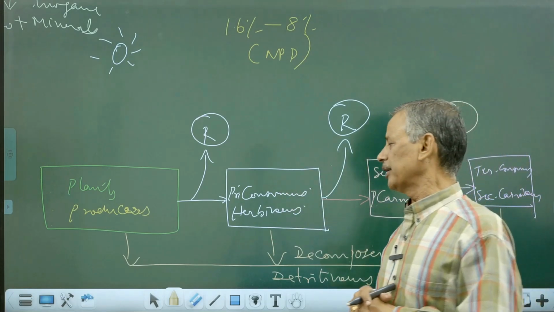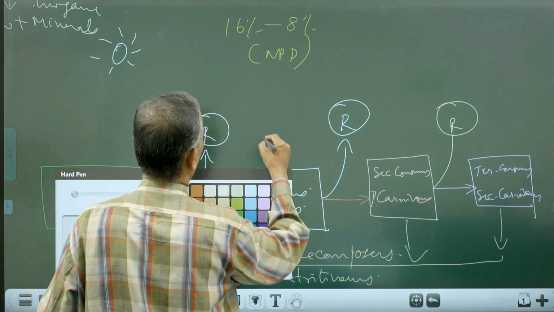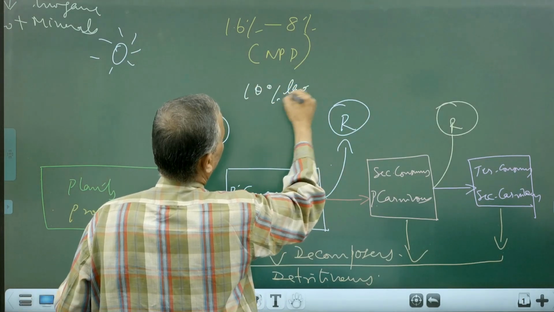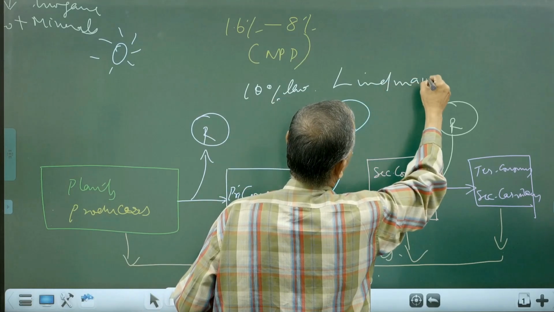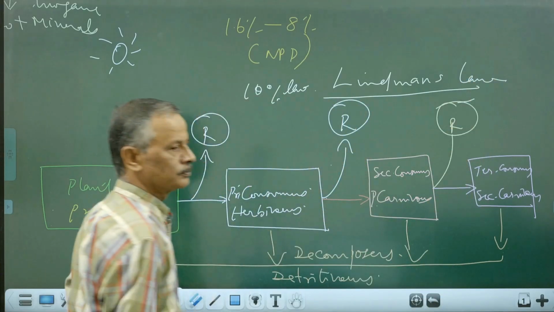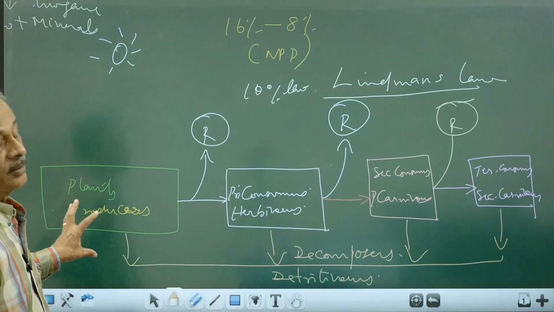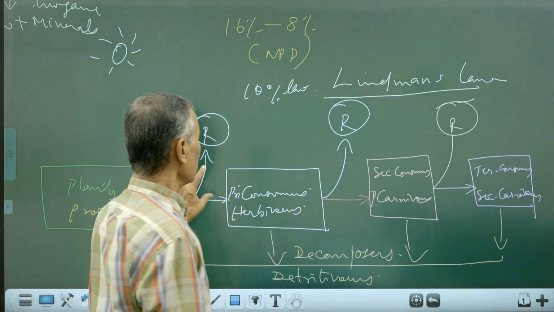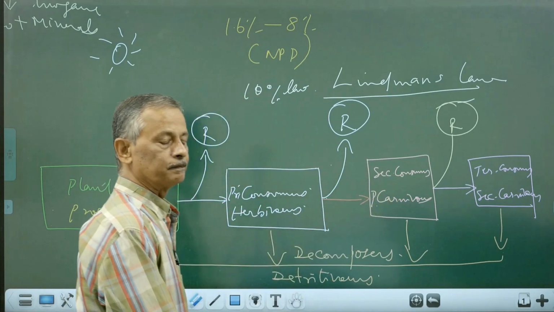This is called the 10% law or Lindeman's law. Thus, in an ecosystem, energy is flowing from one to another in an orderly fashion.